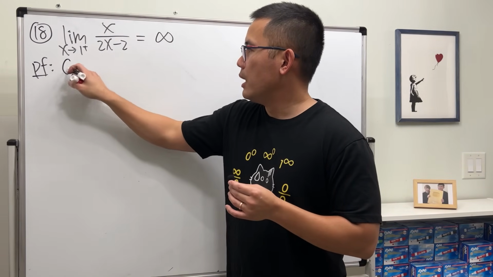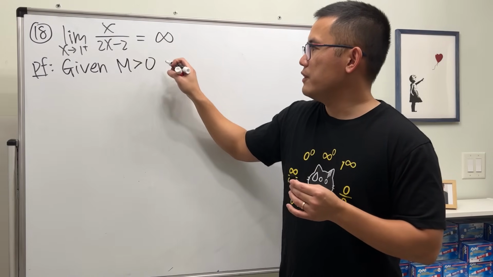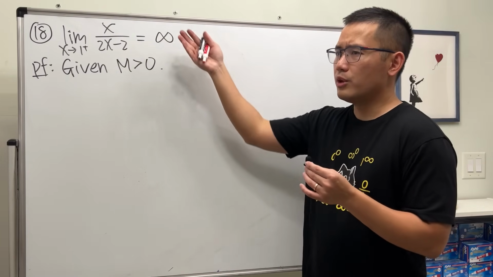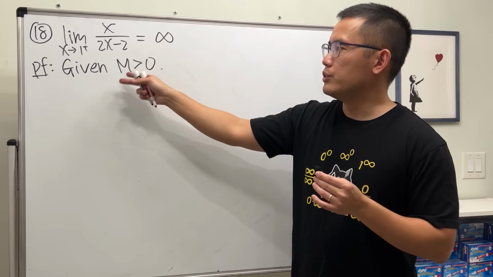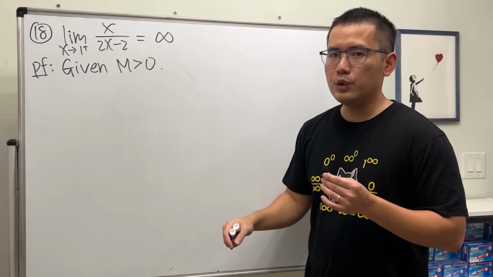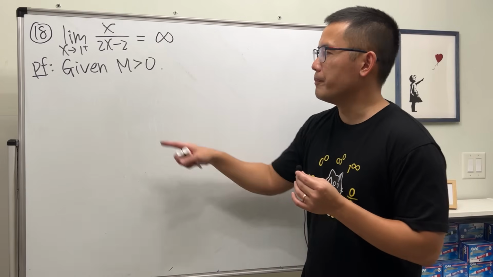Infinity, we use positive big M, yeah? Given big M greater than 0. And I should also mention that if this was minus infinity, you just say given big M less than 0 to begin with, and later on you just flip the inequality. You can try that on your own.